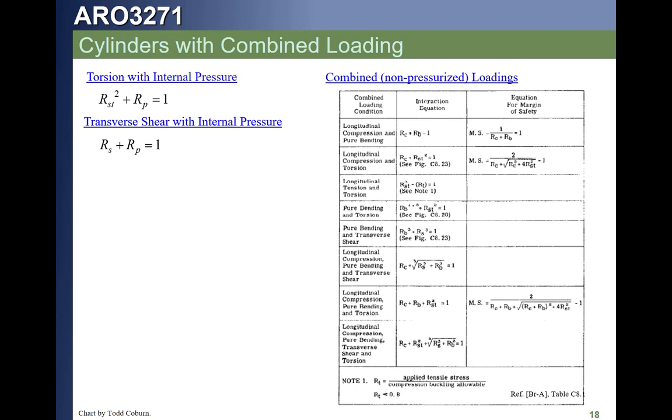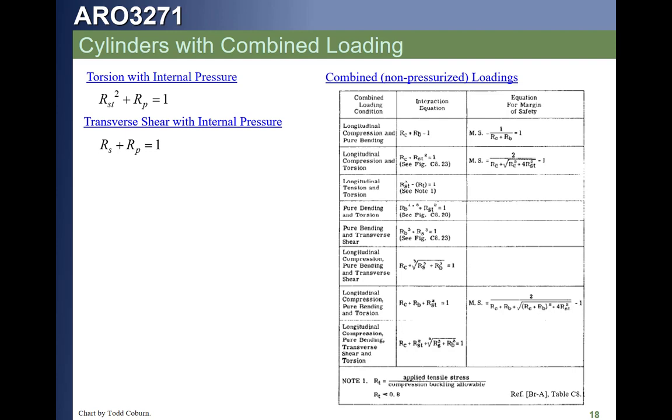Now what this shows is different interaction equations and the corresponding margin of safety equation. So if we have longitudinal compression and pure bending, we can just add our two stress ratios and use the margin of safety equation shown on the right. If we have longitudinal compression and torsion, like is shown in the first equation, then actually we can use this second margin of safety equation.